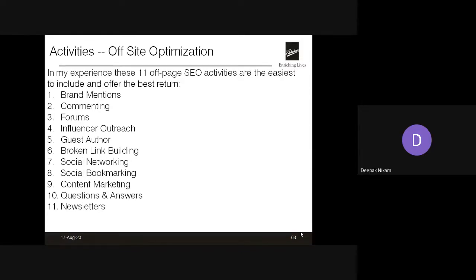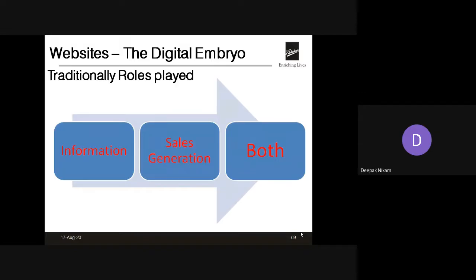So we talked about the different activities that we do for offsite, and just to take a quick starting point from here, we have talked about brand mentions, commenting, newsletters, and many other things that we can do offsite to keep the marketing activities going for your products or for your company. Now, the next stage of what we will discuss in our syllabus is websites.